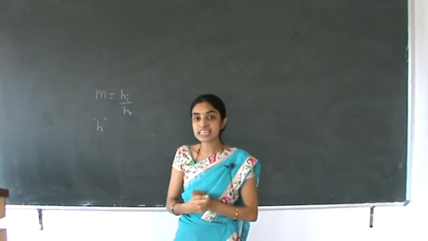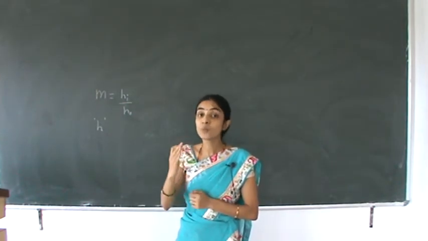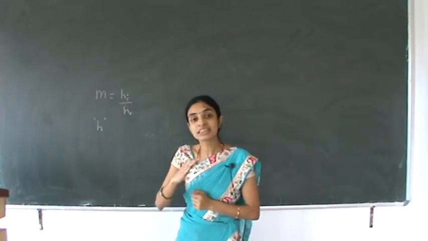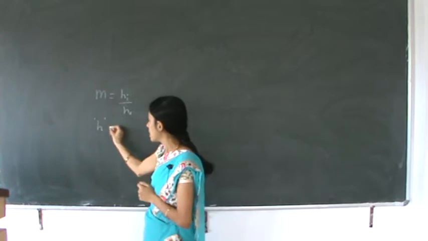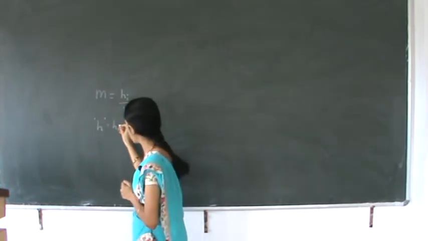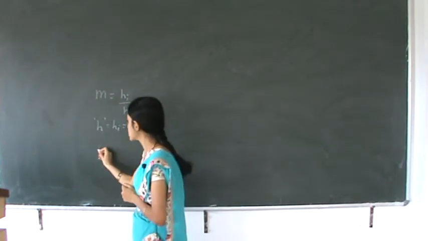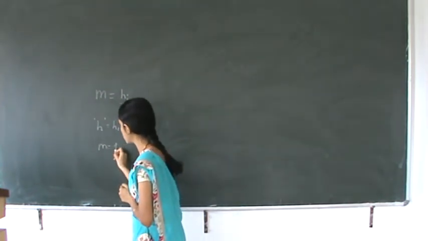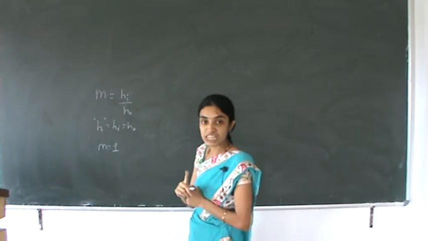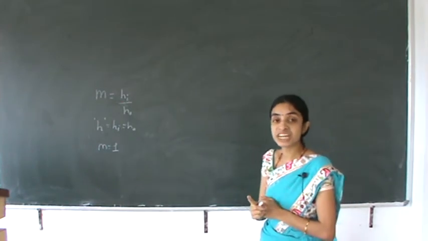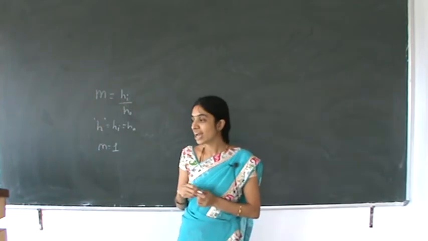As I already said, when the object is kept on 2f, the size of the image will be the same. Here h_i will be equal to h_o. Next, what about the magnification value? The magnification of the convex lens will be 1 when the object is kept on 2f.